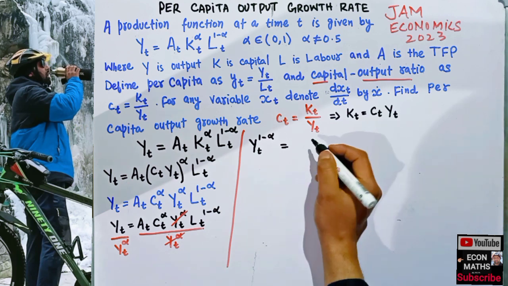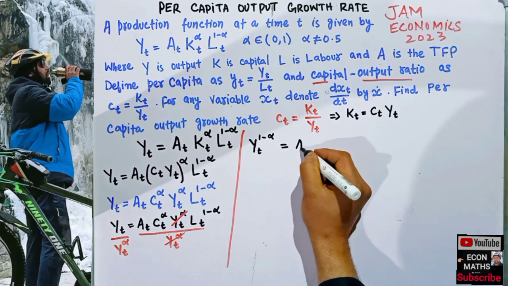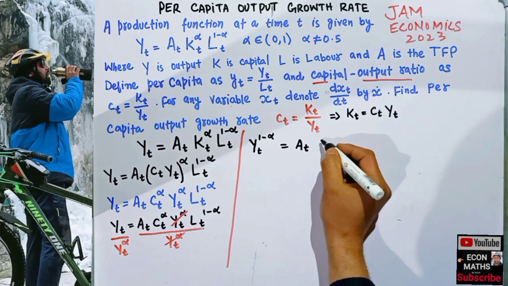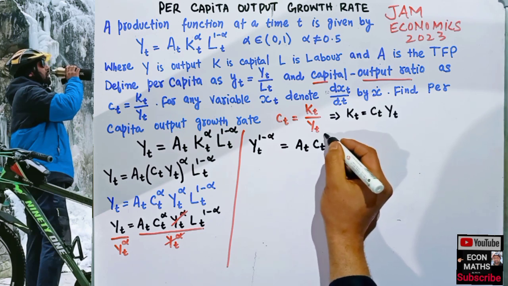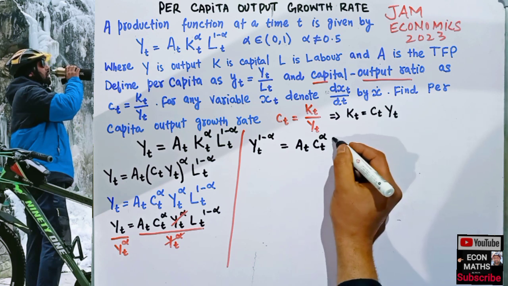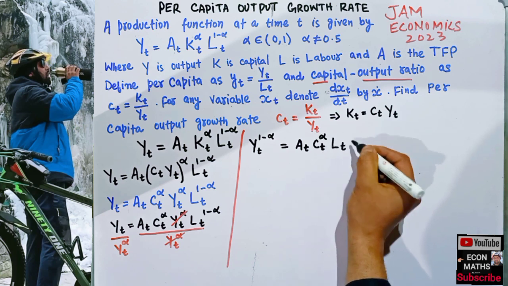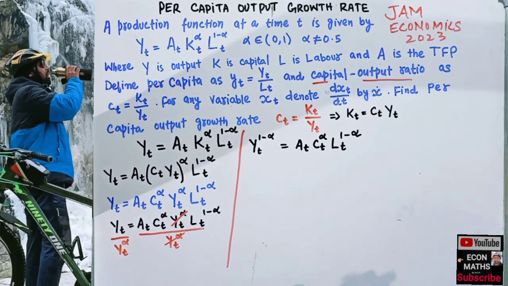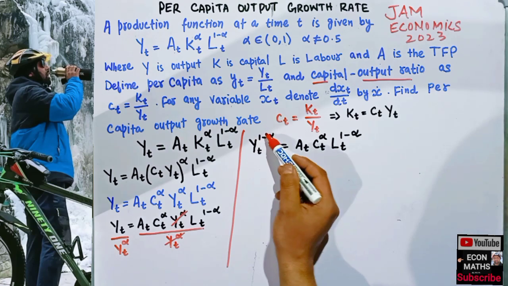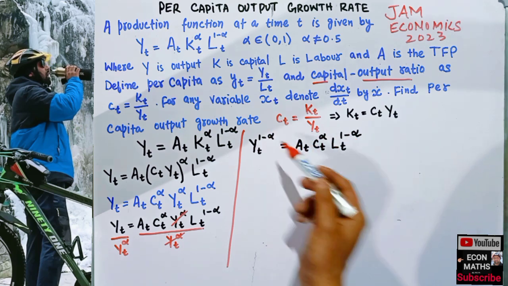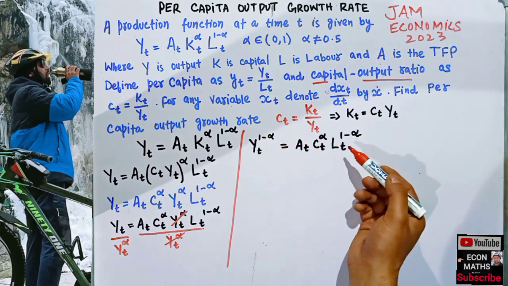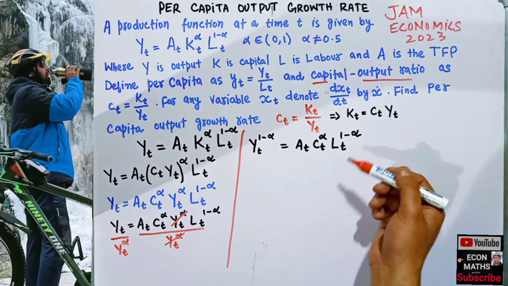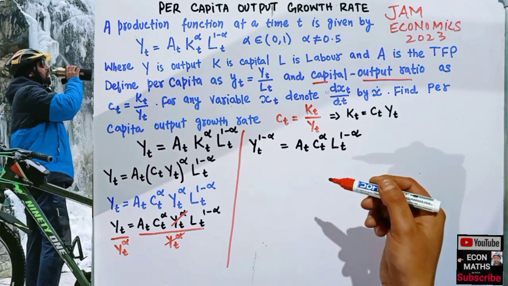We are left with A_t, then we have C_t, which denotes the capital output ratio, raised to power alpha, then we have L_t raised to power 1 minus alpha. Now let's transpose this exponent to the RHS. This exponent will remain an exponent, but in reciprocal order.